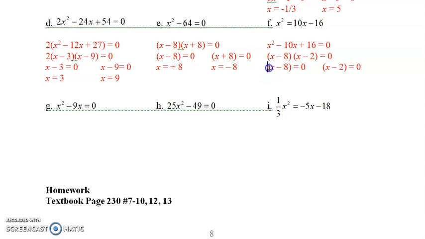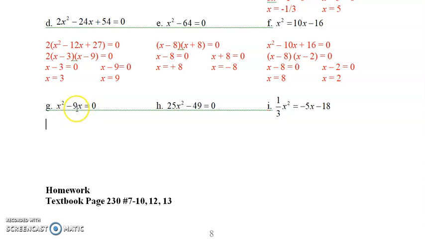You can drop the brackets at this stage of the game. Then we say that x is equal to positive 8 and x is equal to positive 2. You don't have to say positive, you can just say 8. It's fine.